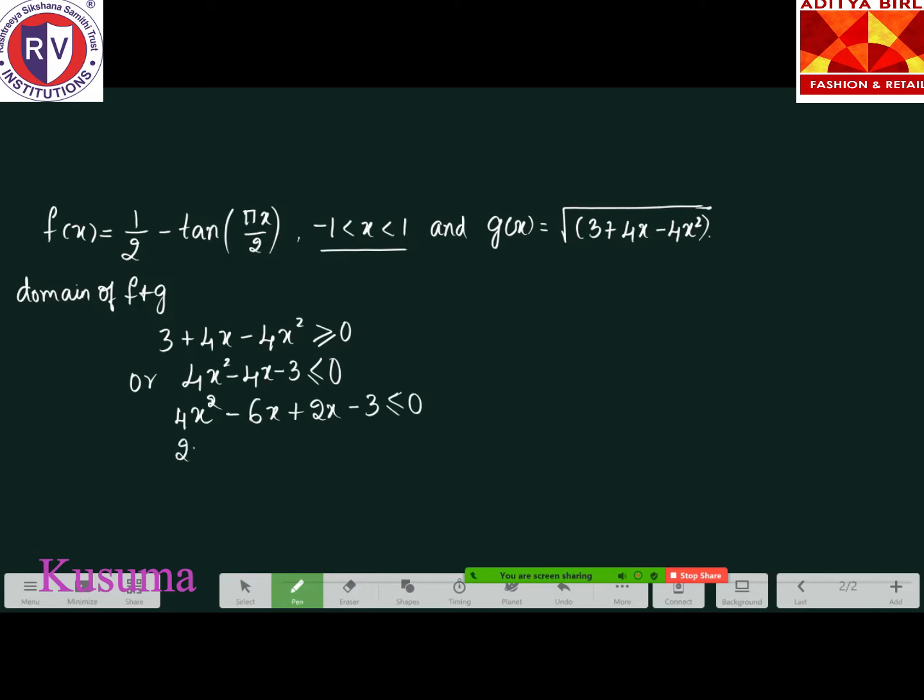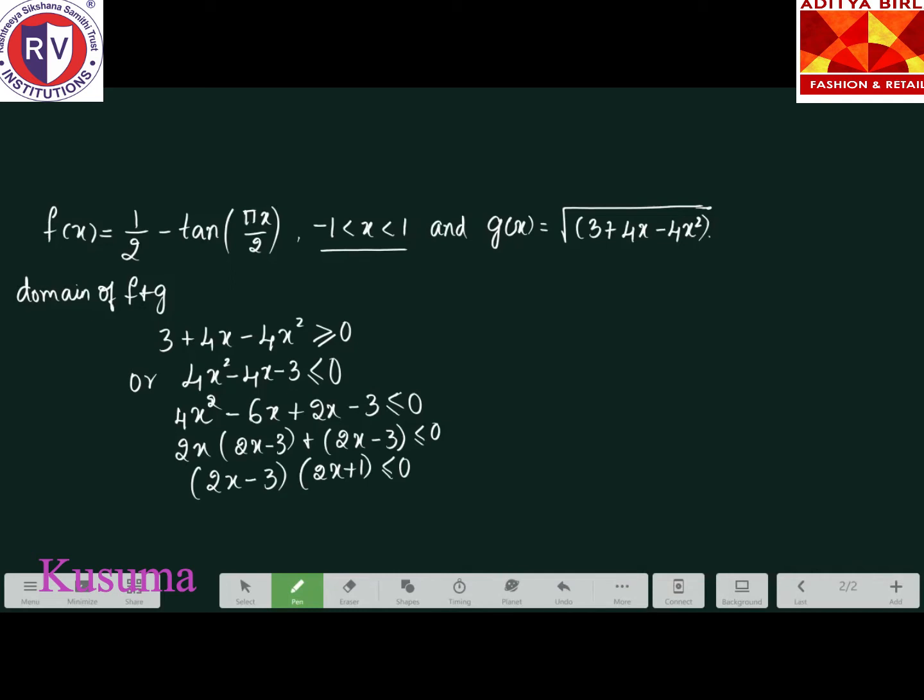So we can take 2x common from the first two terms. What is left out is 2x minus 3, plus, no terms in common in the last two terms, so this can be written as it is. From these, 2x minus 3 is the common term, and the remaining is 2x plus 1. This will be less than or equal to 0. Now let us equate both the terms to 0 in order to find the values of x.